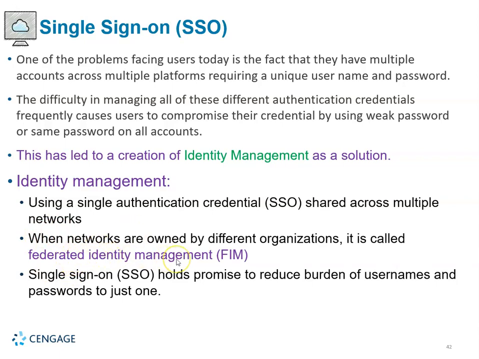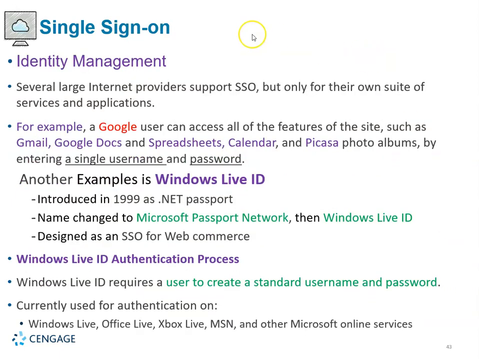So if we do this right, single sign-on holds the promise to reduce the burden that users face with regard to remembering all these usernames and passwords, and lowers it down to one password, kind of like a password vault, if you will.